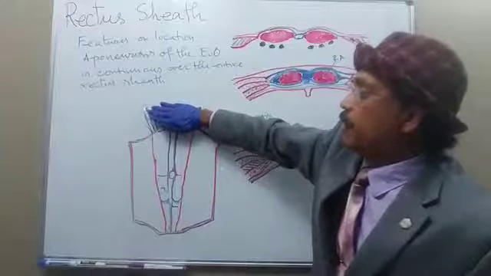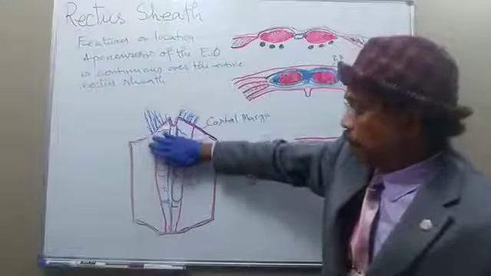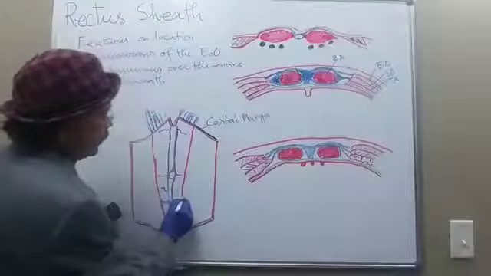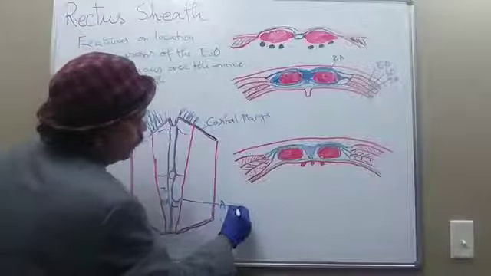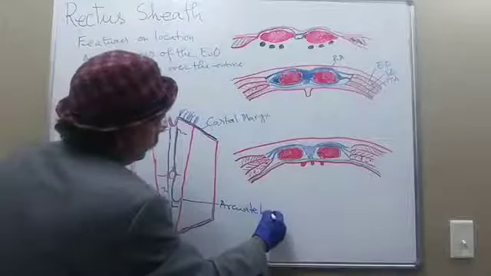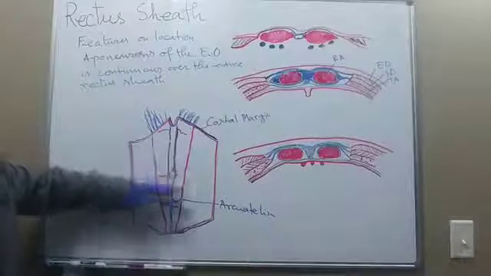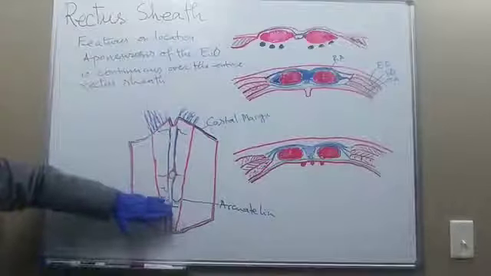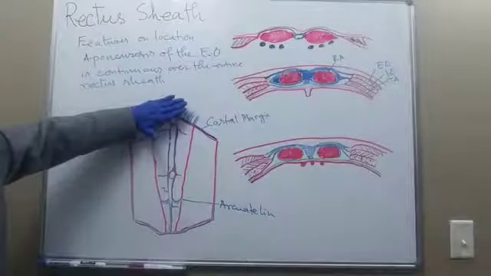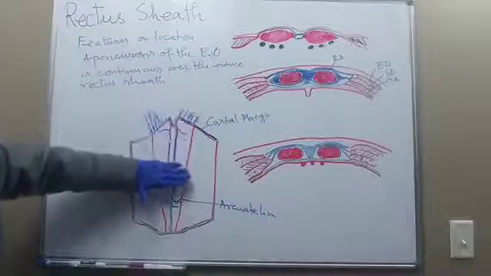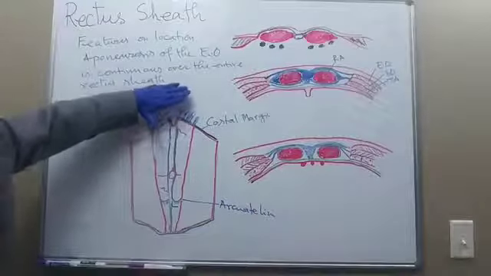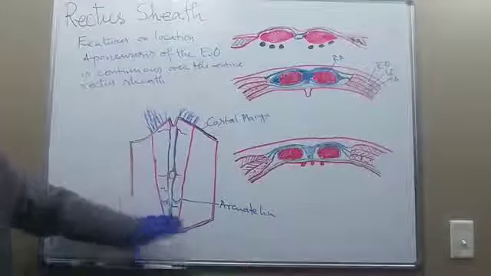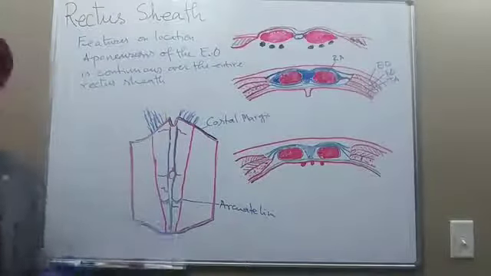It is present above the costal margin, from the costal margin to the arcuate line, and also below the arcuate line, throughout the entire rectus sheath up to the symphysis pubis.